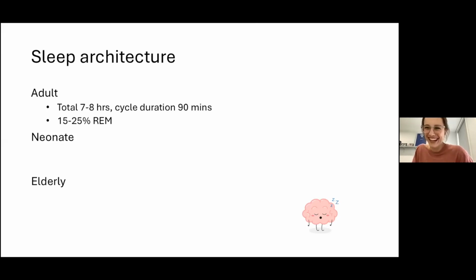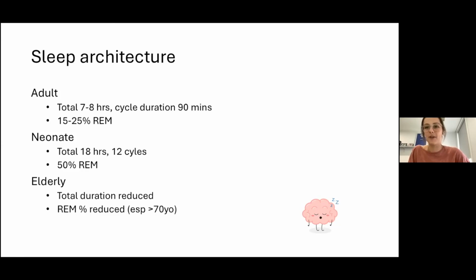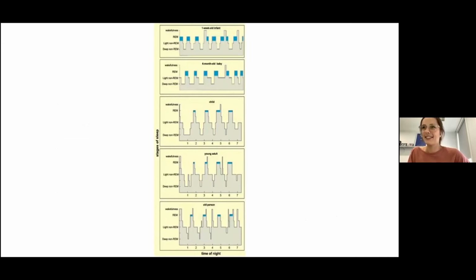I think adults usually get 7 to 8 hours. I'd like to get 10, but typically 7 to 8. And you're spot on there. REM is about 15 to 25%, and more if you're more rested. Neonate, as you said, total 18 hours, so you've got more cycles there, more REM. In the elderly, total duration is reduced, as you said, and REM is also reduced. Excellent. And here's just a pictorial of that.